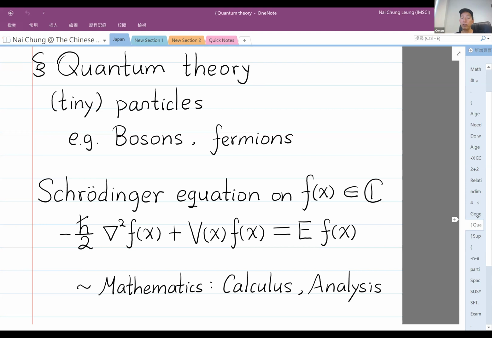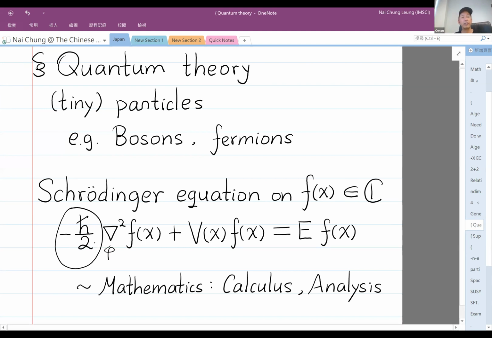Okay, so f(x) here, the first thing that we mentioned earlier is that f(x) is necessarily a complex number. Okay, so this is the equation. And h bar is a very tiny constant, and if it is 0, then the quantum theory just behaves like our classical theory. But that involves something very complicated.